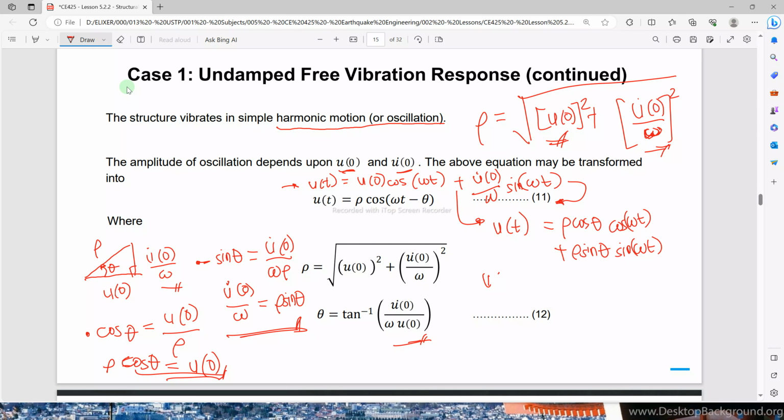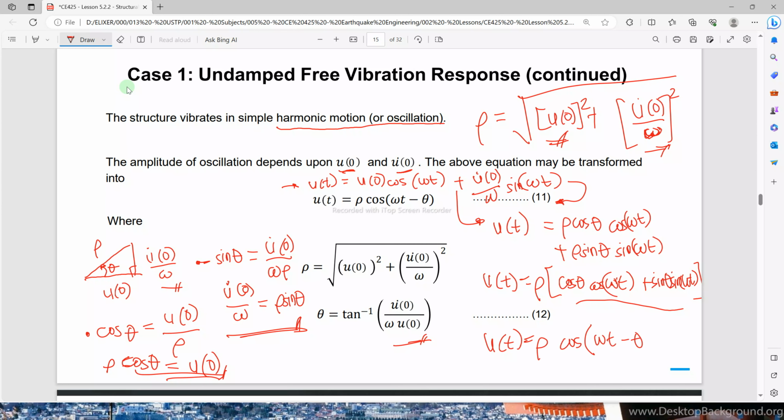And then since rho, the amplitude, is common, we factor it out, and we will have cosine theta cosine omega t plus sine theta sine omega t. This equation looks very familiar. This is cos cos plus sin sin, which is the cosine of a difference, so that is cosine of omega t minus theta.